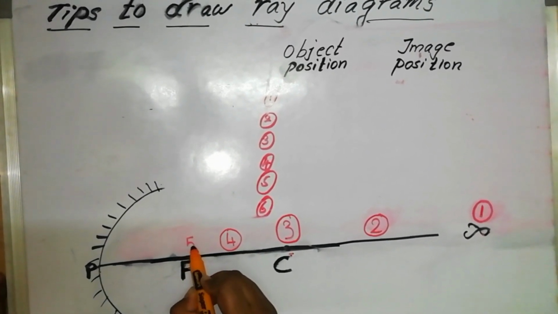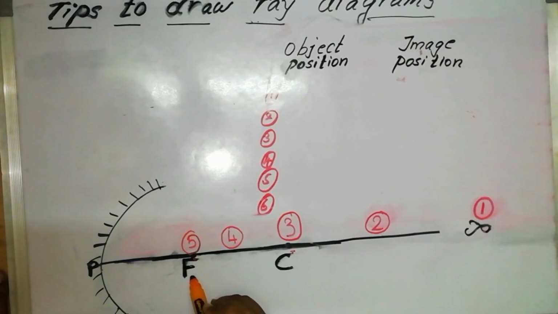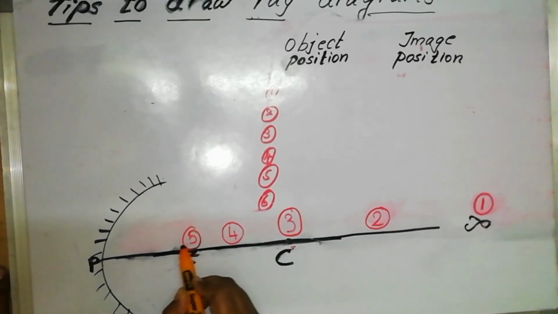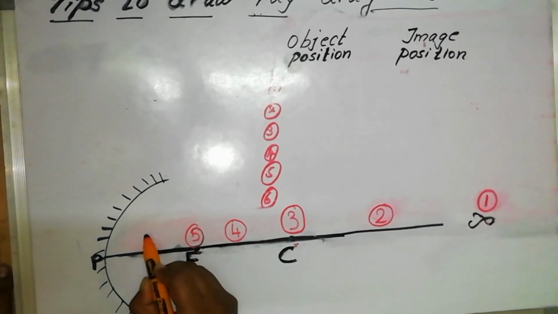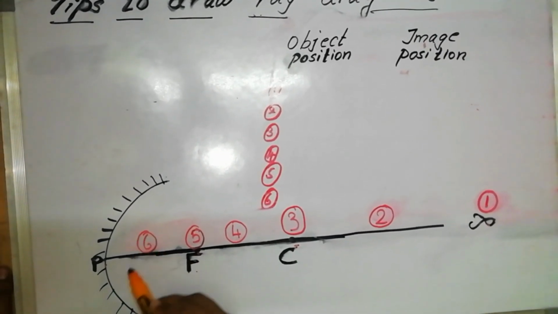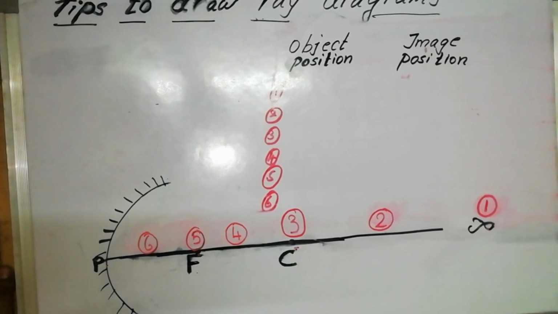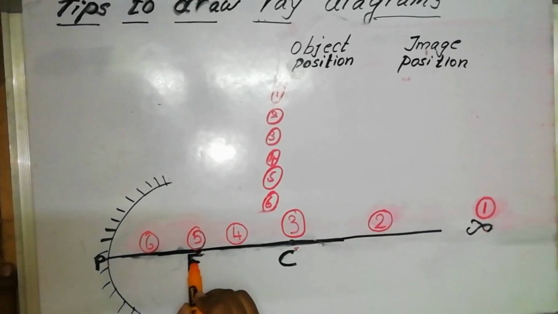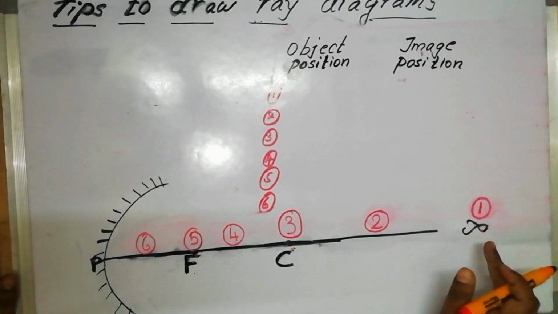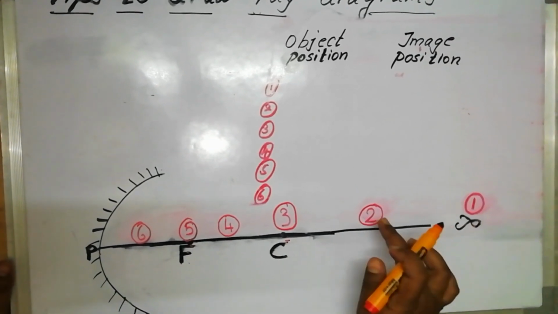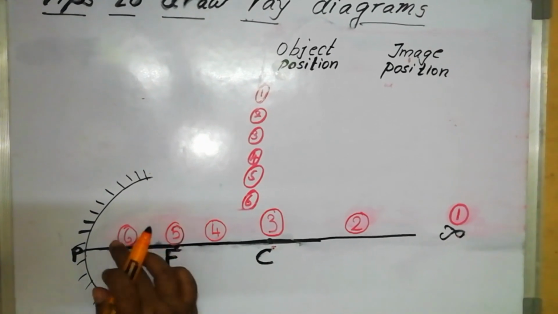We get our fifth position on the focal point. Now the last position, when we move towards the pole again, we will get it in between focus and the pole. So we have got 6 object positions, 1, 2, 3, 4, 5, 6.